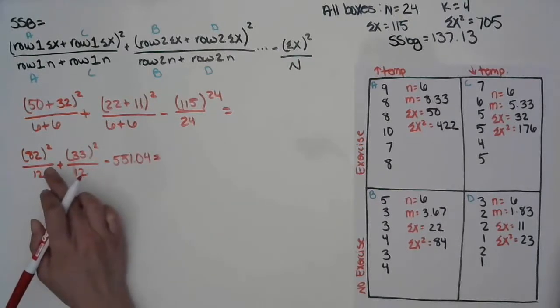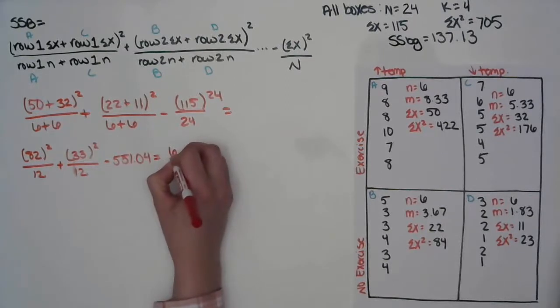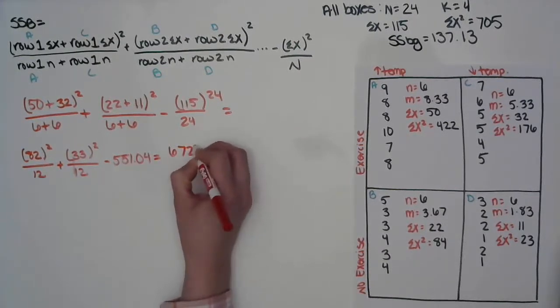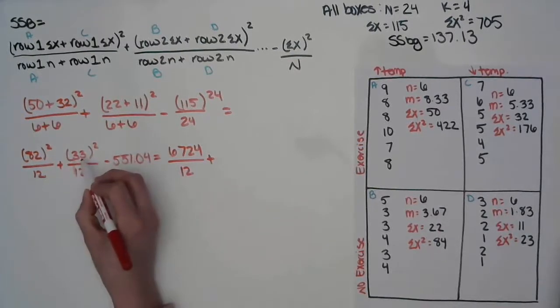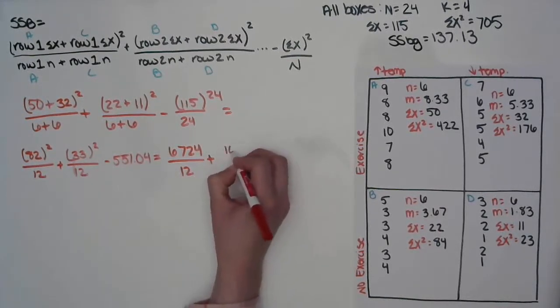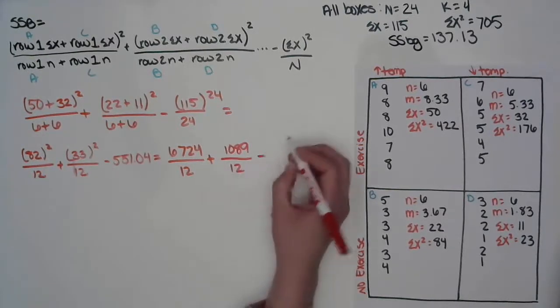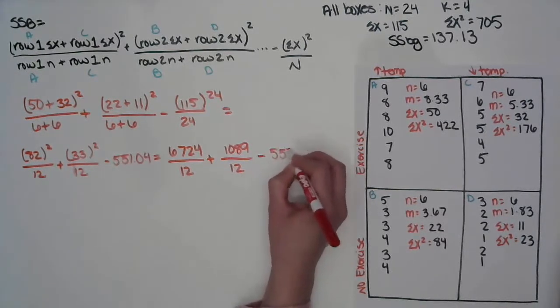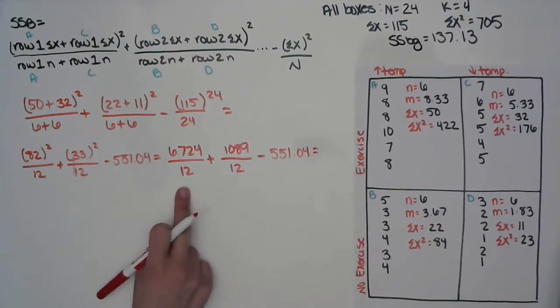So 82 squared is going to give us 6,724 over 12 plus 33 squared is 1,089 over 12 minus our 551.04. Okay, so let's go ahead and divide that out.